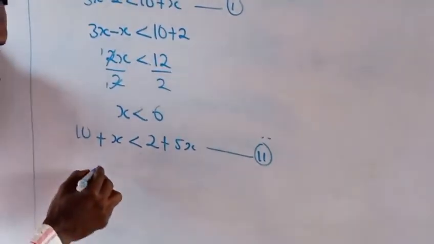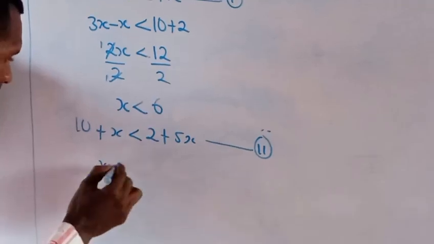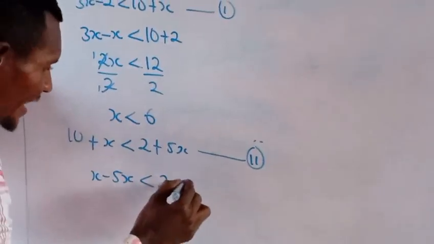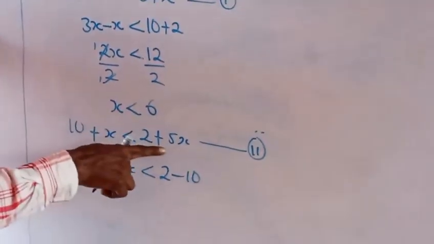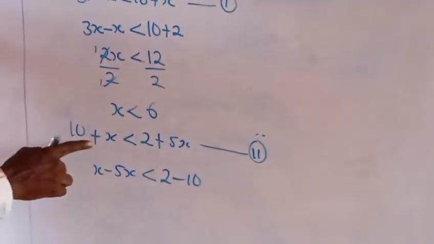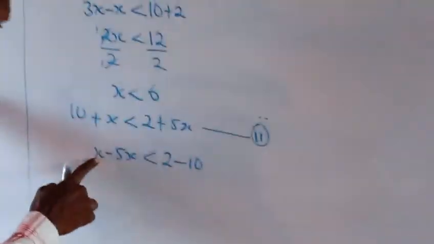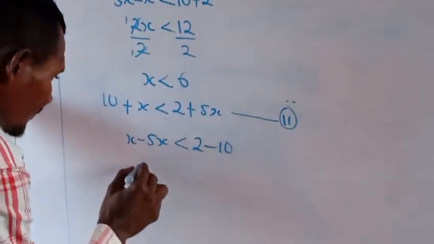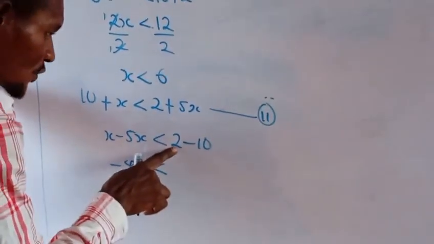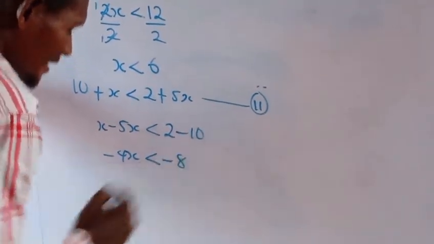So we have x - 5x < 2 - 10. The 5x is positive here, so when it crosses the inequality sign, it becomes minus. The 10 is positive here, so when it crosses the inequality sign, it becomes minus. So x - 5x gives us -4x, less than 2 - 10, which gives us -8.